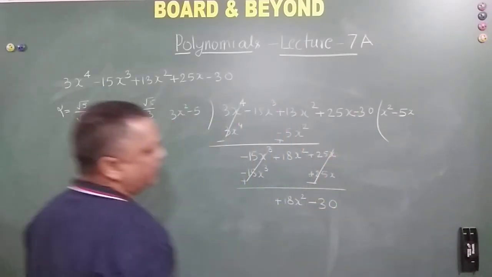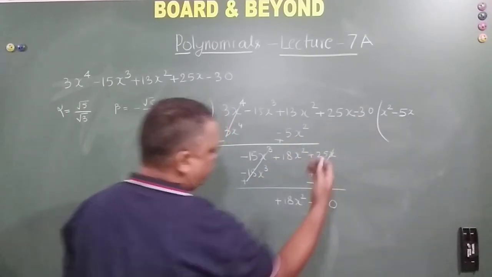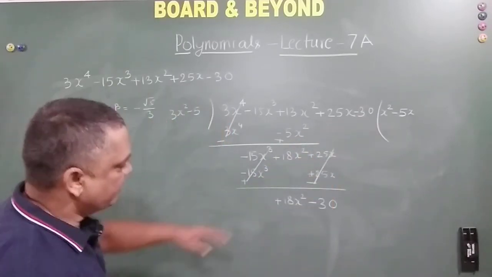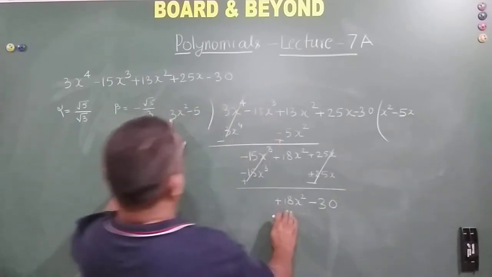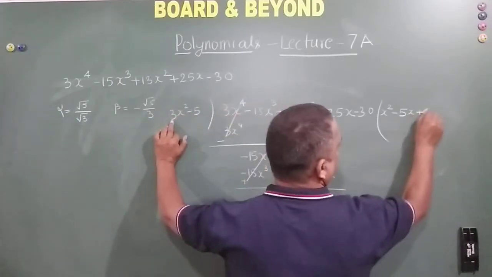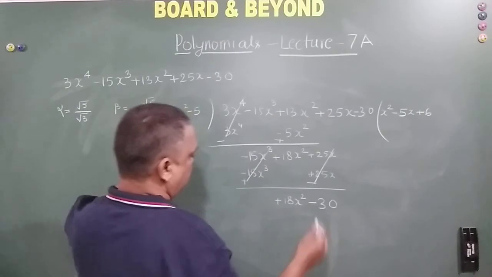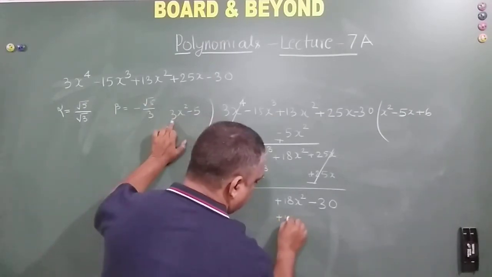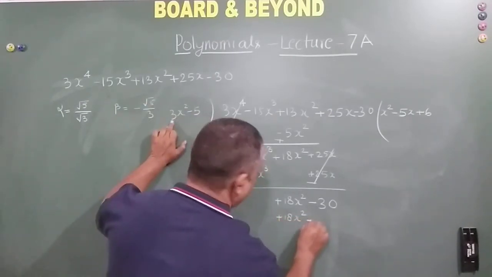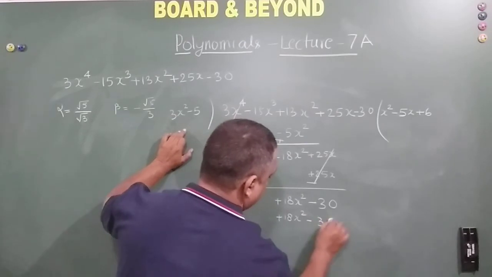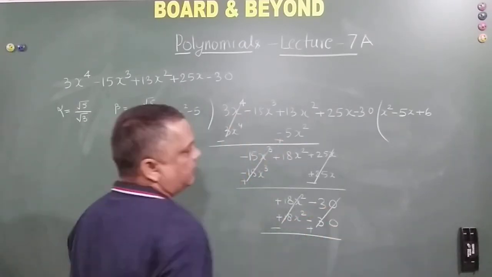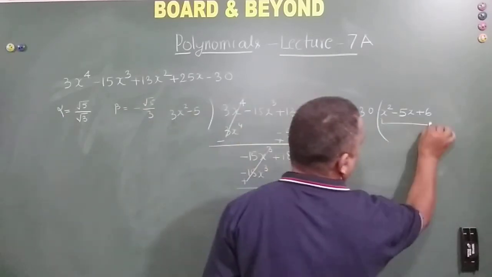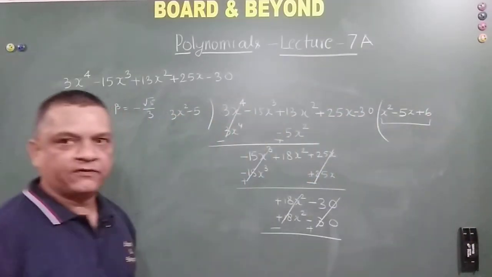You are getting my point? This I have brought it down. Now just look here, my friends. I need to eliminate this. So for this I need to put plus 6. Yeah, that's it, I guess. 18x square minus 30. So minus plus this and this, right? So this is my another factor.